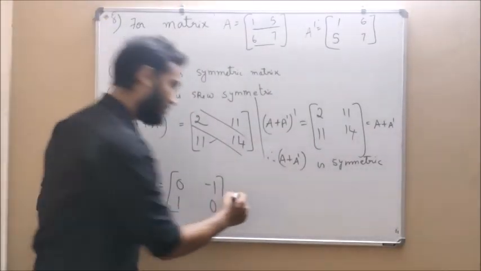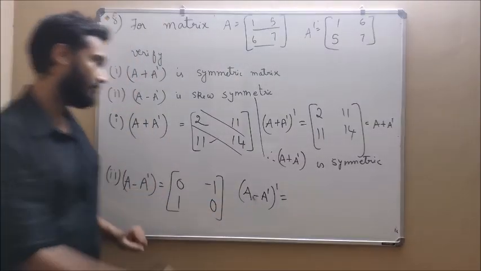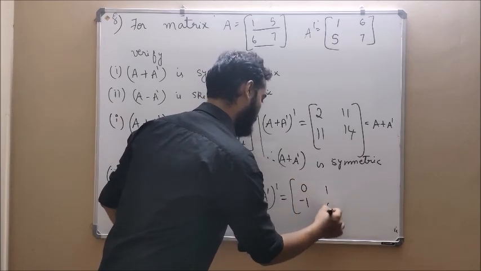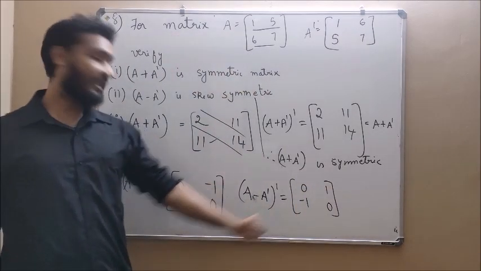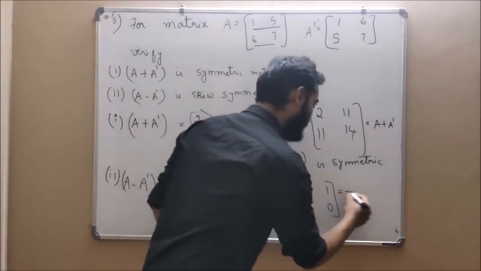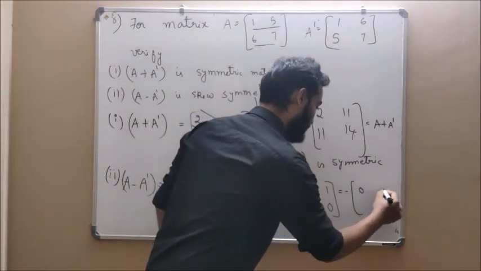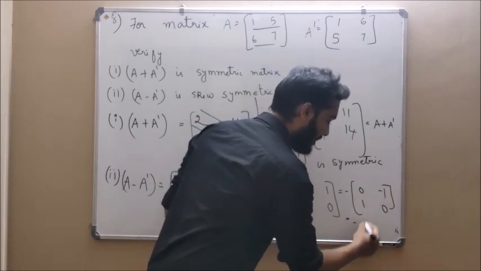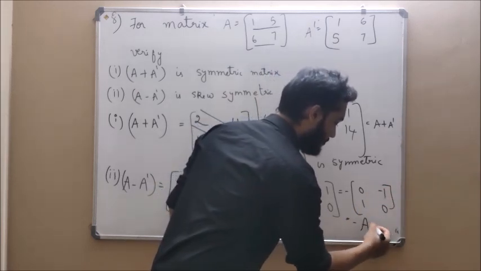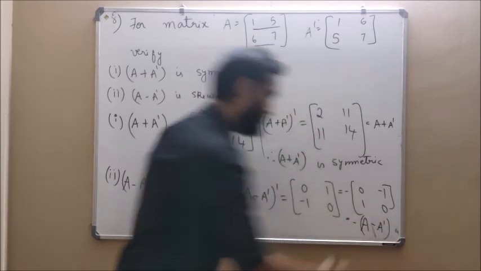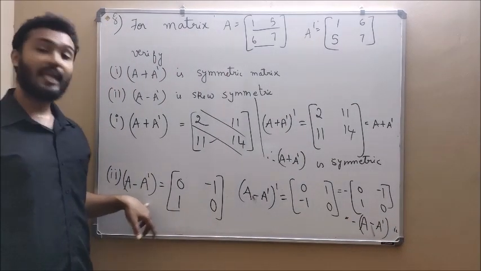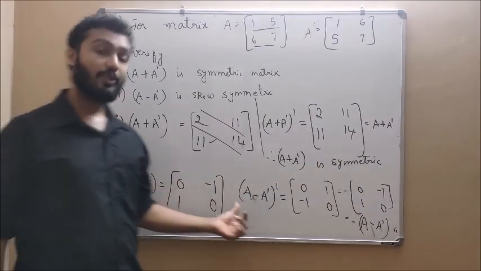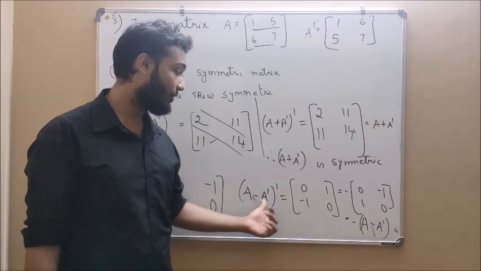Or take its transpose. When you take negative sign outside, it is same as minus A. So take A minus A dash, 0, 0. When you take transpose, what you get?